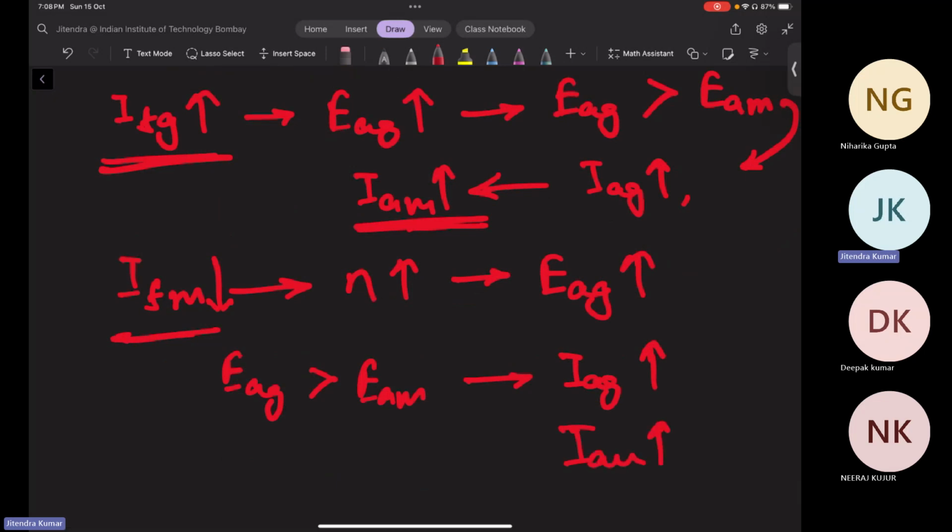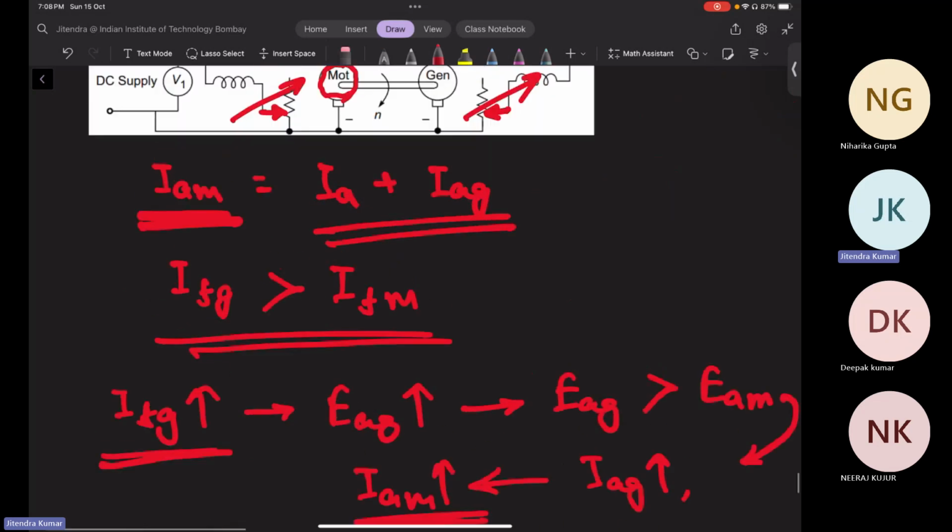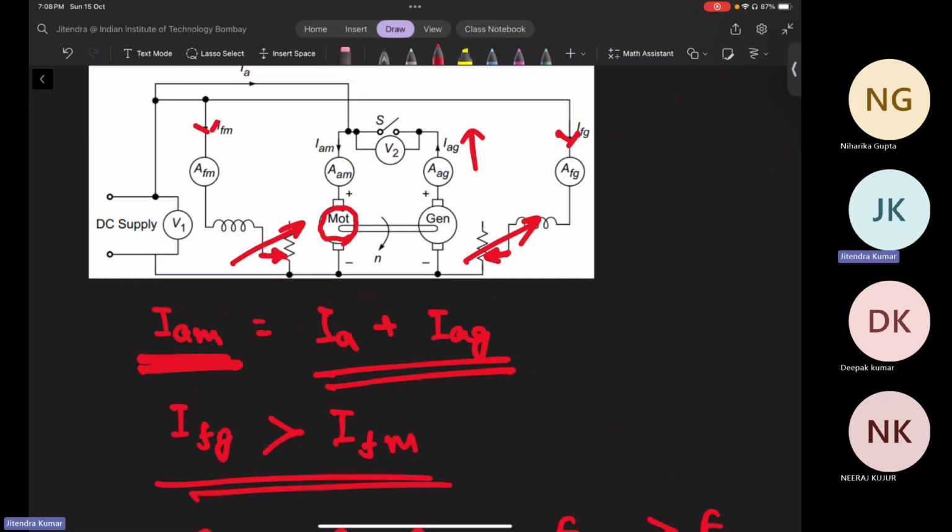So whenever in the test data you see the armature current, it will be higher than all the currents, and about the field current, you can identify which field current will be higher, generator or motor.